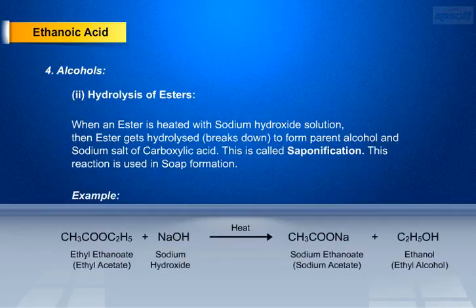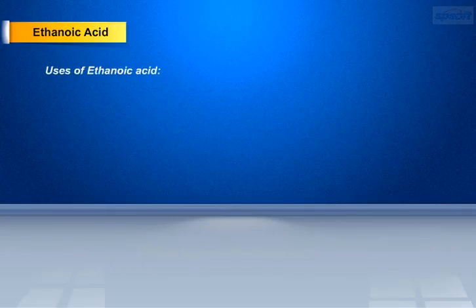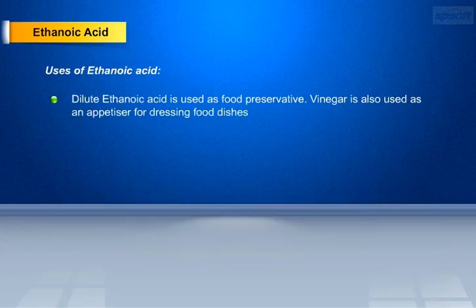For example, the chemical equation for the reaction is CH3COOC2H5, that is, ethyl ethanoate, plus NaOH, that is, sodium hydroxide, on heating, gives CH3COONa, that is, sodium ethanoate, plus C2H5OH, that is, ethanol.